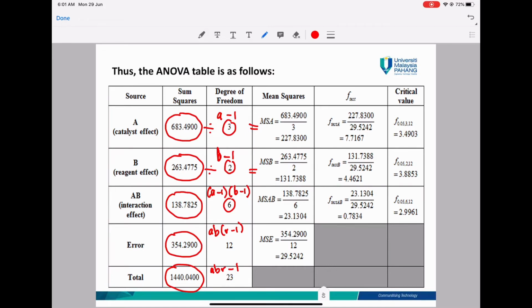For the interaction effect, we have 183.7825 divided by 6 equals 23.1304, and the last mean square for error is 354.29 divided by 12 equals 29.5242.